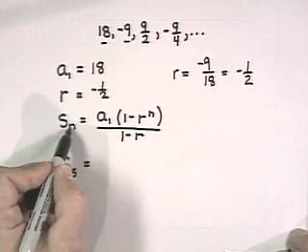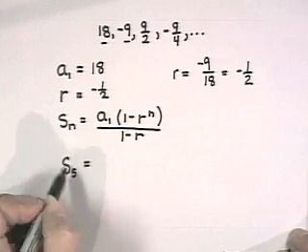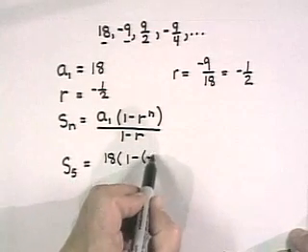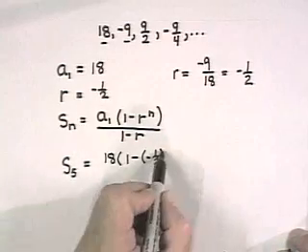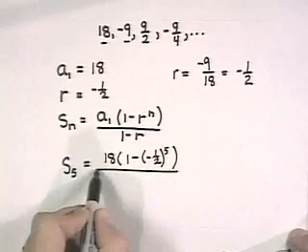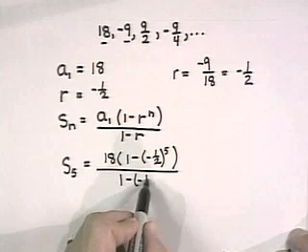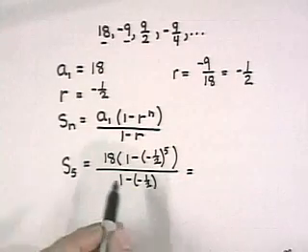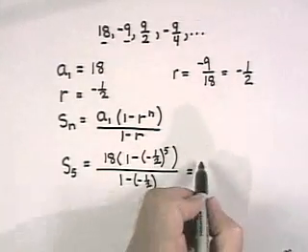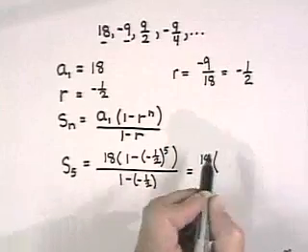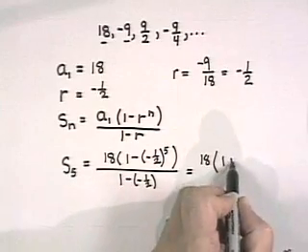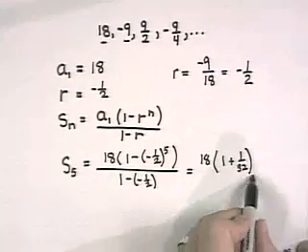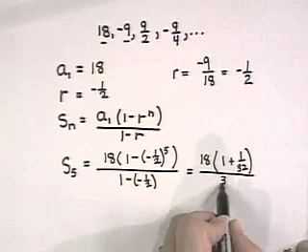We want to find the sum of the first 5 terms, so we'll substitute: n is 5. We'll put in our first term, 18, times 1 minus negative 1/2 raised to the 5th power, all over 1 minus negative 1/2. We have only to do the arithmetic now. We have 18 times 1 plus 1 over 32, all over 3/2.